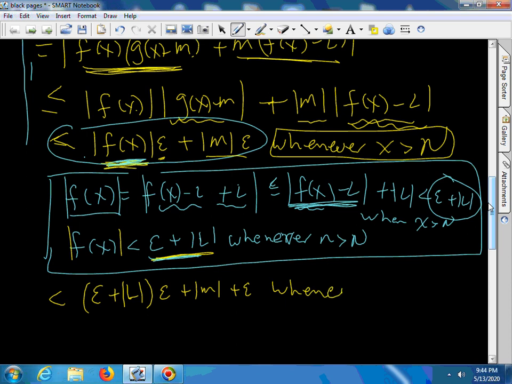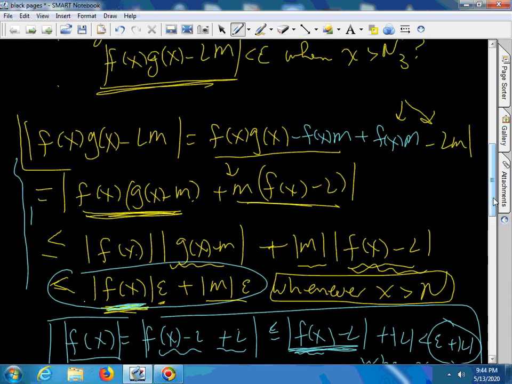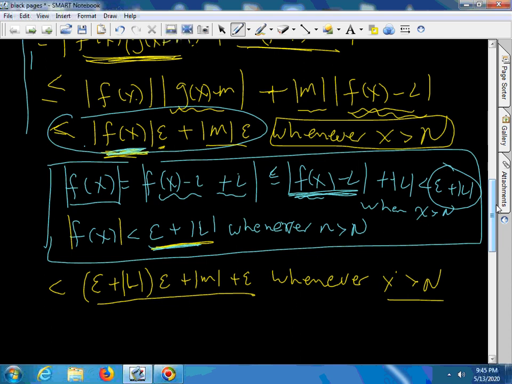And this is whenever x is bigger than n. But let's just remember that way up here we have this. This here is less than this whenever x is bigger than n.